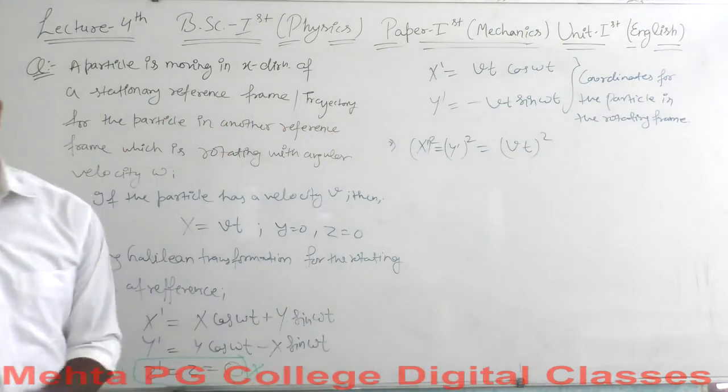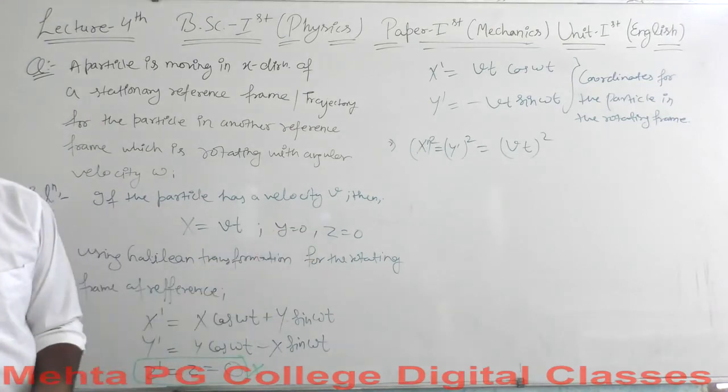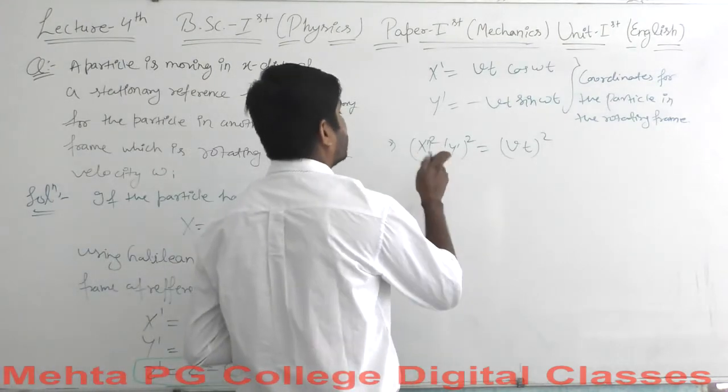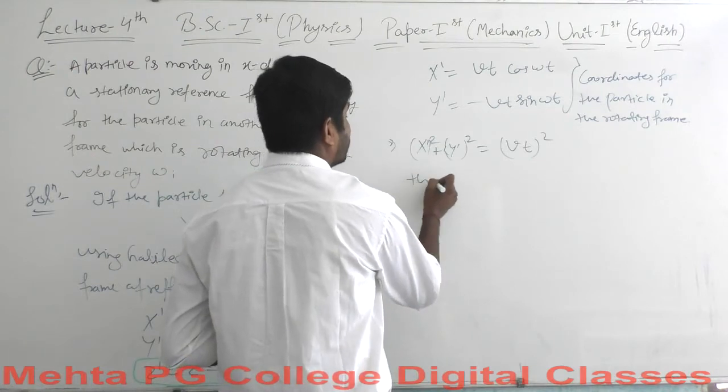This is the magnitude representation. Note this should be the plus sign here, not equals. Yes, this represents the equation of a circle of radius Vt.